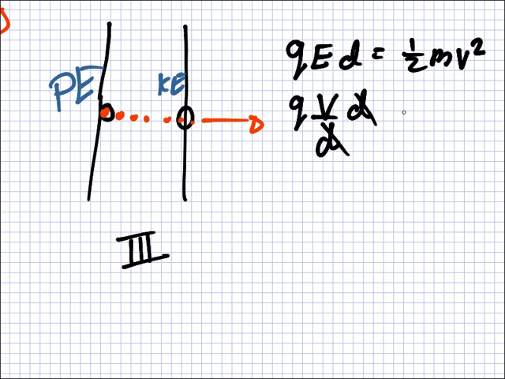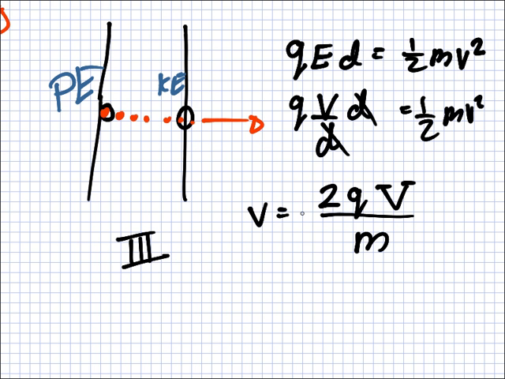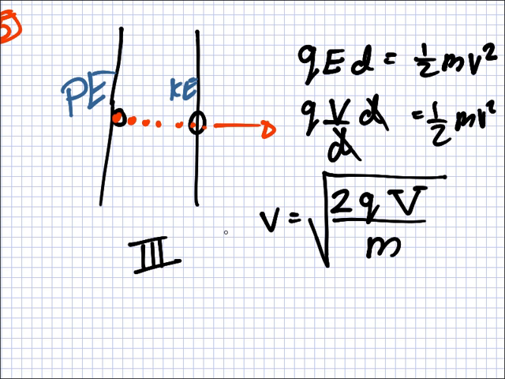So actually they cancel down. So 2qV over the mass, that's equal to v squared, so the velocity is the square root. So that's the answer for part 1. That's how quickly it will leave stage 3 and enter stage 4 in the mass spectrometer. So that's root 2qV over m.